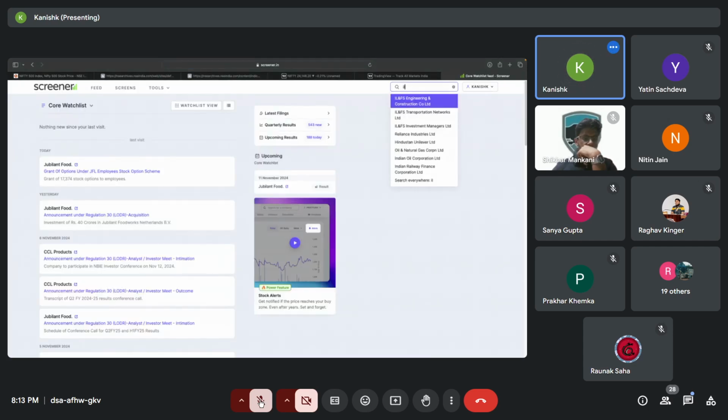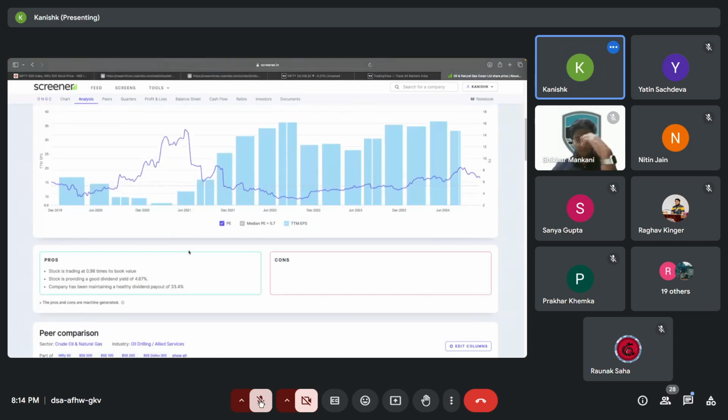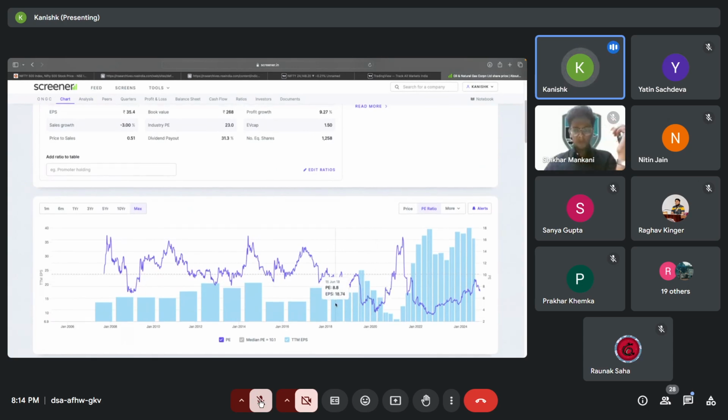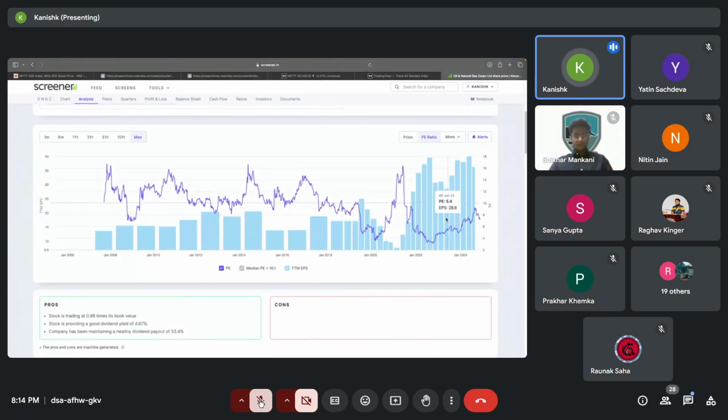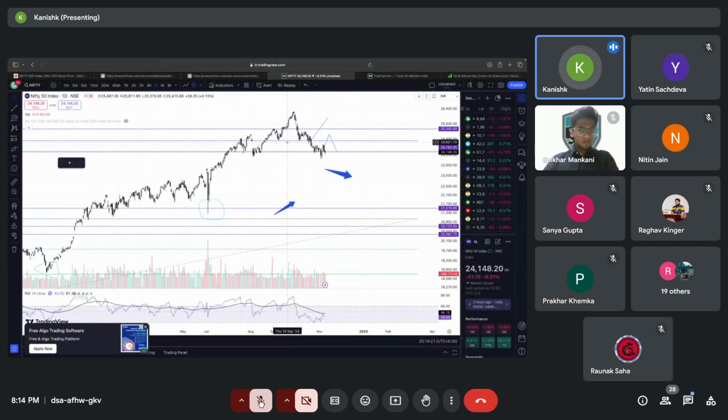From a fundamental point of view, the company is good. It is below the median PE levels. Earnings are good. So I think a bit of consolidation can happen, but can't predict an exact thing until the dust settles.